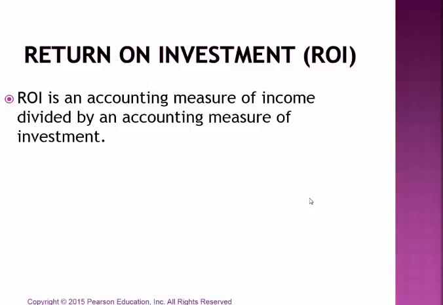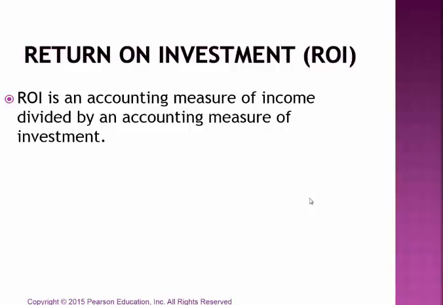So revenues minus cost equals income, and the investment will define that based on some information. It can be compared to a rate of return on opportunities elsewhere. It's called ROI, and it is used in the evaluation of the performance of a subunit.